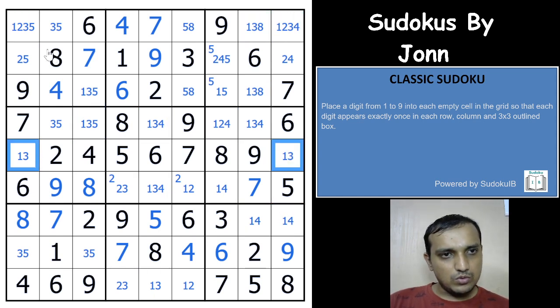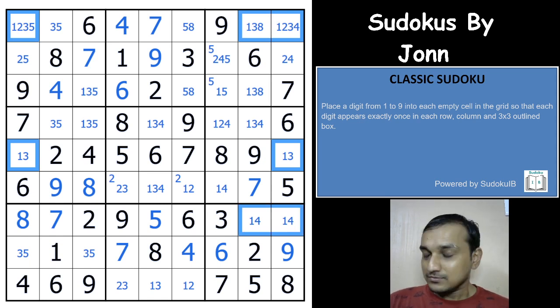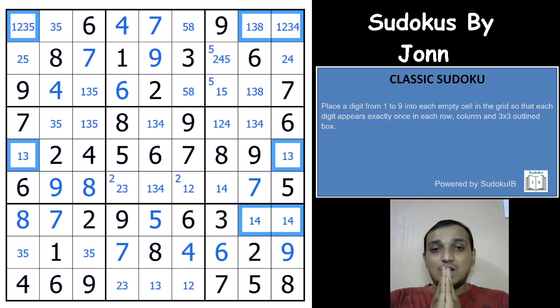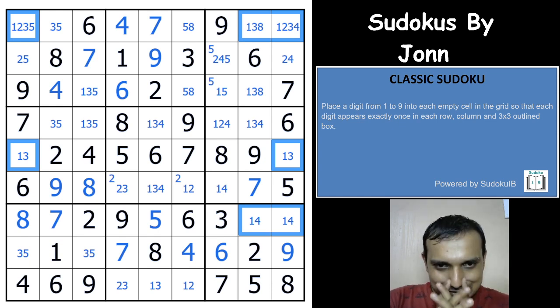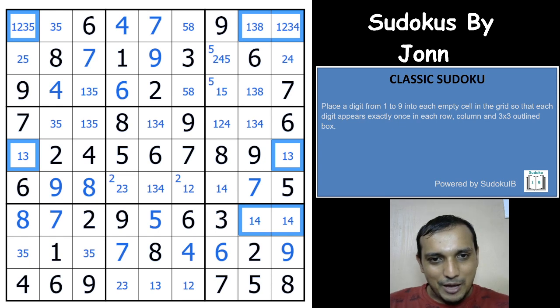Oh, you have a swordfish of 1 here. Oh God, I'm not very fond of swordfish techniques. Xing, up to Xing I'm really fond of it, but seeing a swordfish technique, it's really not my kind of logic, but I really am happy to see that.